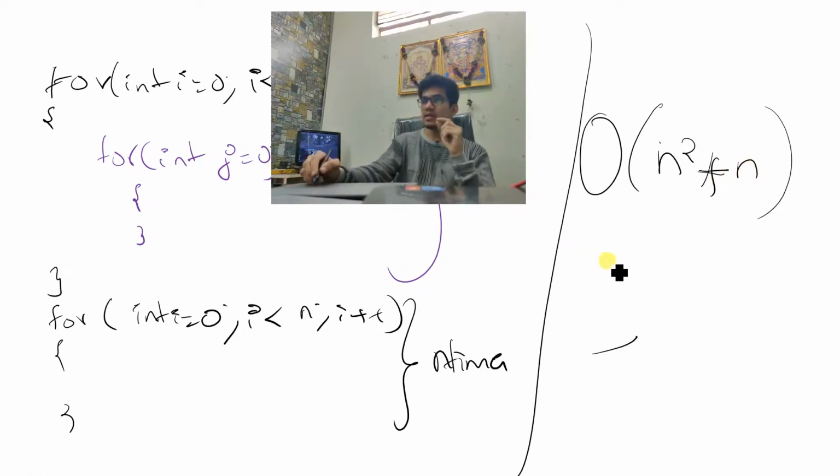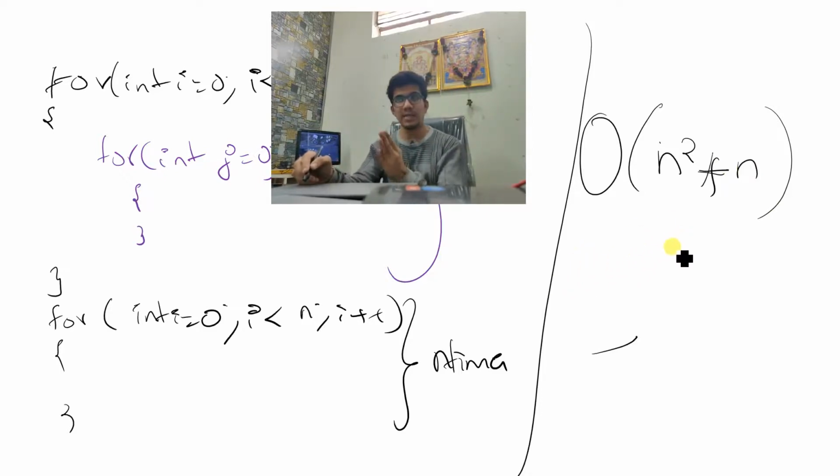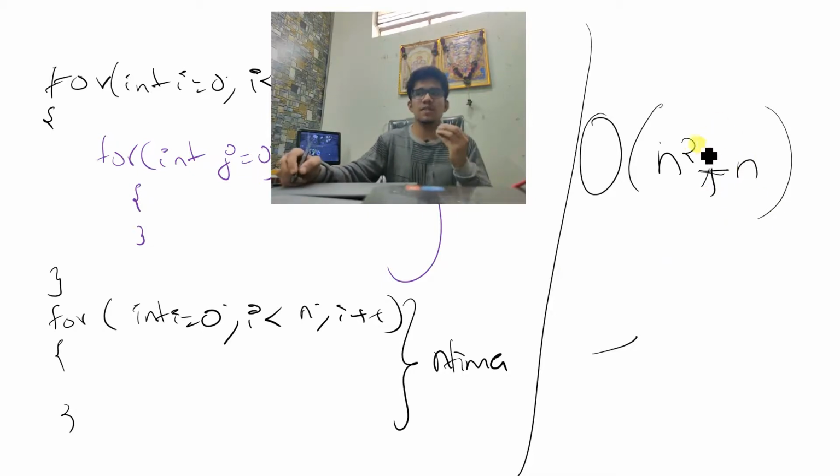And now what do you have to do? When you have something like this, should you leave it as it is? No, you should not leave it as it is. You have to see which n value has the highest exponent, this is called a polynomial. You can see for this n value, 2 is there, and for this n value there is n to the power 1.